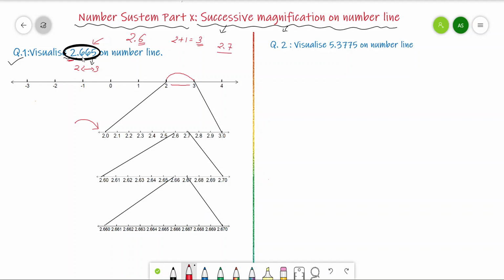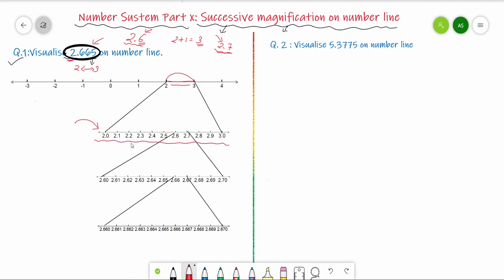That means 2.665 will lie between 2.6 and 2.7. So in the first part, we have tried to find out where 2.6 and 2.7 lie. We have magnified this region, and when you magnify, you will get this.